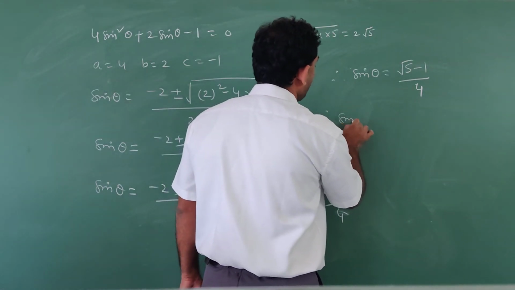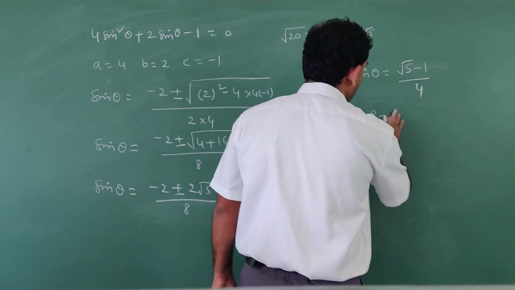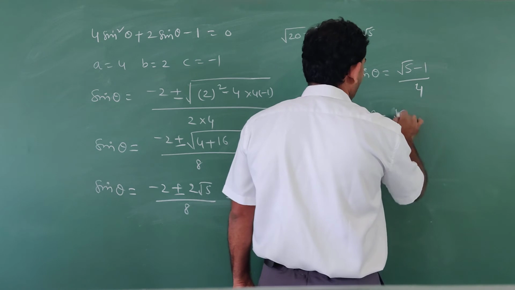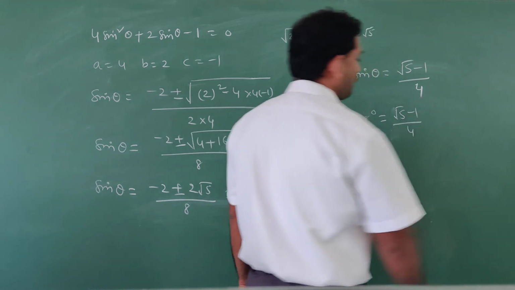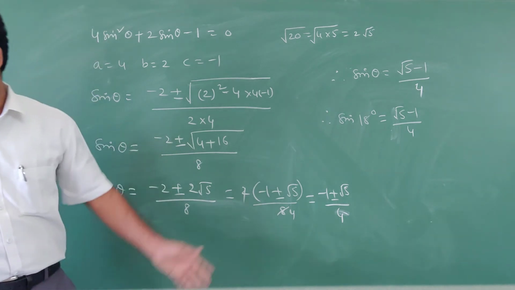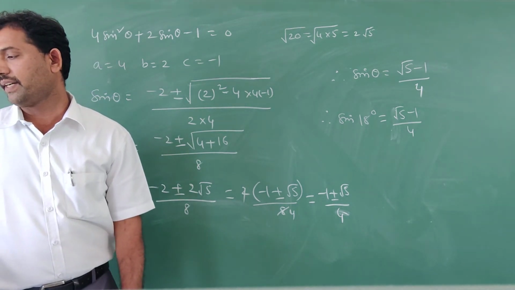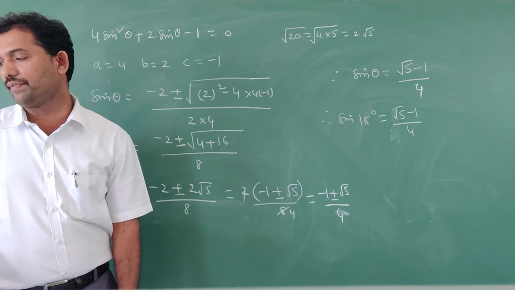Therefore, sin 18 degrees is equal to root 5 minus 1 divided by 4. You take only the positive value, not the negative value. So that is the sin 18 degrees value.